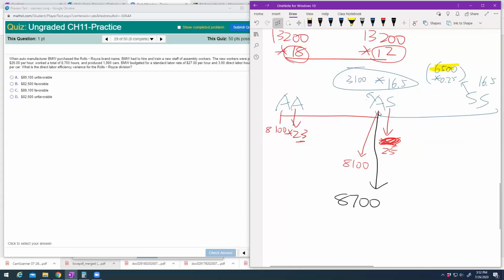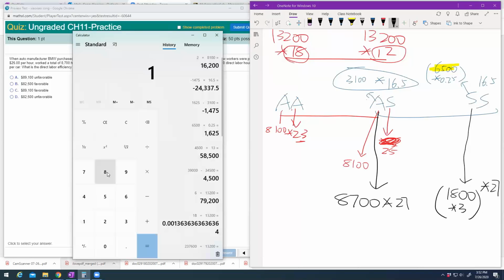8,700 hours, right? And then you produced 1,800 cars. So the budget rate is 27, so we have to times 27. And for 1 car you use 3 hours. So you totally produced 1,800 cars, each car is 3 hours.